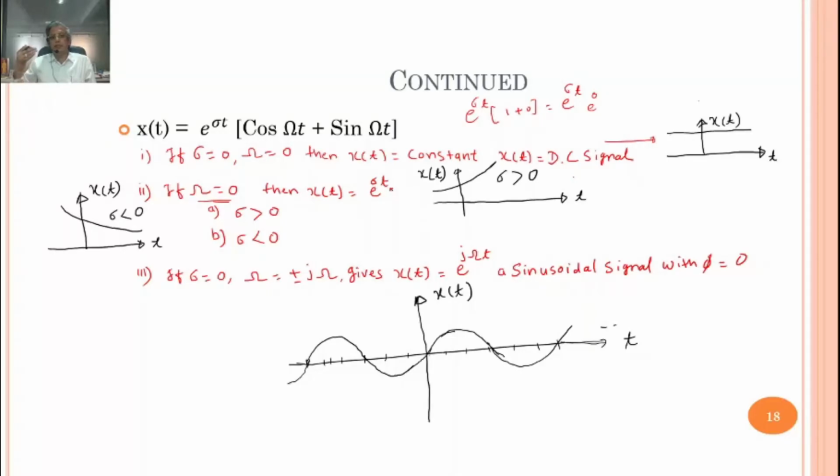When sigma is greater than 0, this is an exponentially growing signal, and when sigma is less than 0, this is an exponentially decreasing signal. And the third case, when sigma is 0 and omega is plus minus j omega, that time we are getting a sinusoidal signal with phi equal to 0, means this is a sine wave.